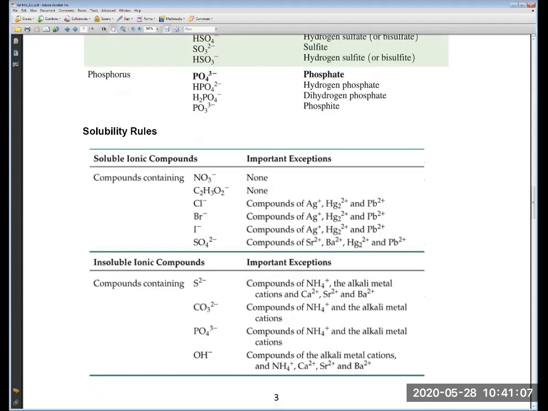This is for water. If you look at the top part of the table, it says soluble ionic compounds, and then it lists ions, and there you have Cl-.